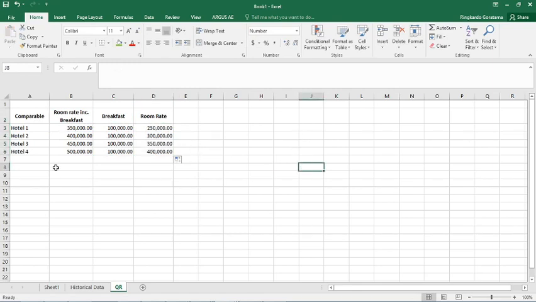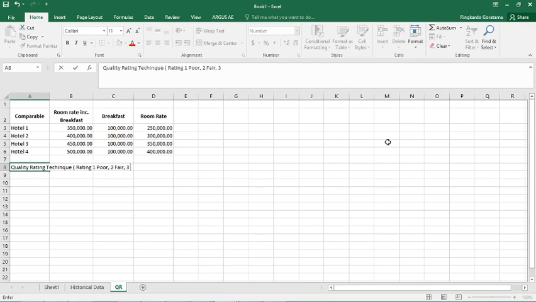Right. Next, we do our quality rating technique. Let's say the rating 1 is for poor, 2 is for fair, 3 is average, 4 is good, and 5 is excellent.